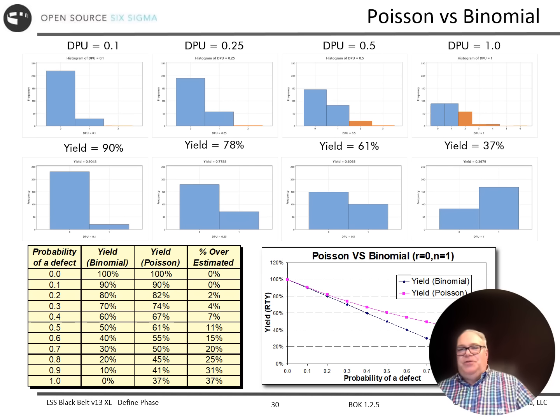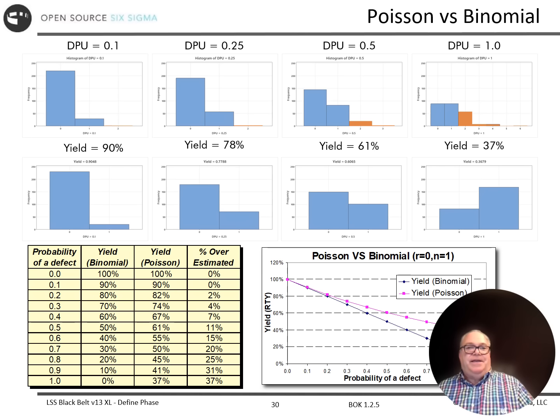Usually we don't try to get too wonky with you. But for completeness, what's the difference between defects per unit and defectives? Well, they come from two different distributions. Those who are familiar with the binomial distribution know it can have a pass or a fail. Bi means it only has two states.